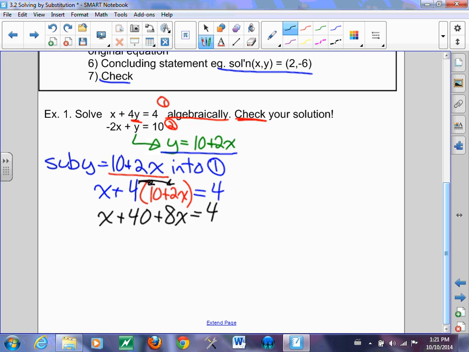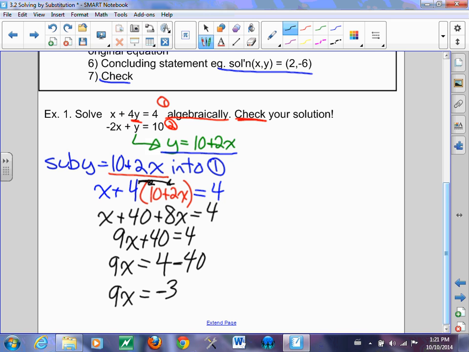Okay, collect like terms. So I have 9x plus 40 equals 4. We want to get the x term by itself, so 9x equals 4. I'm going to bring the 40 over, change the sign to negative 40. So I now have 9x equals negative 36.